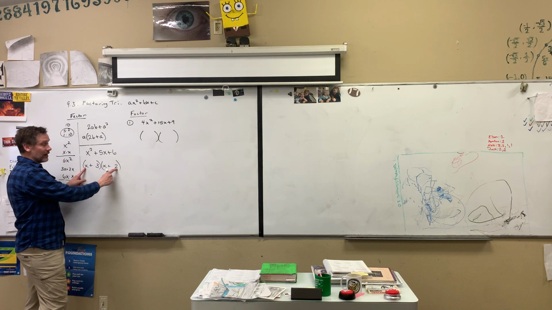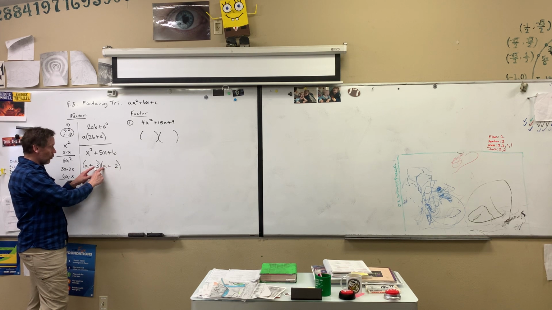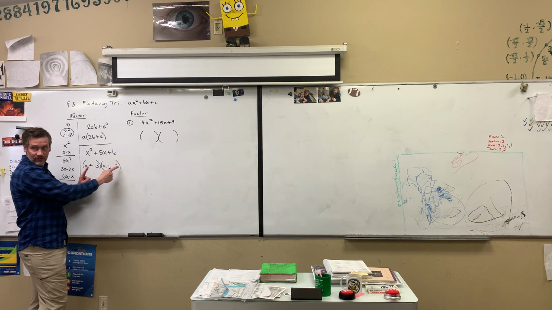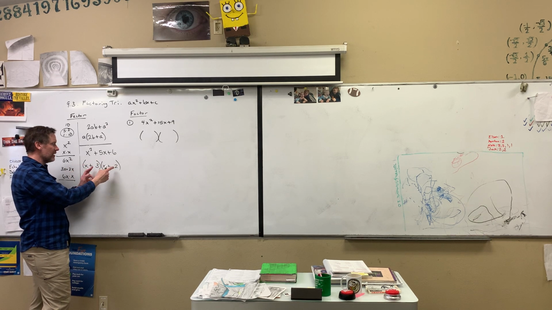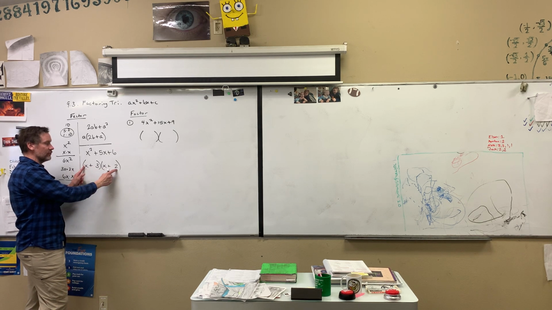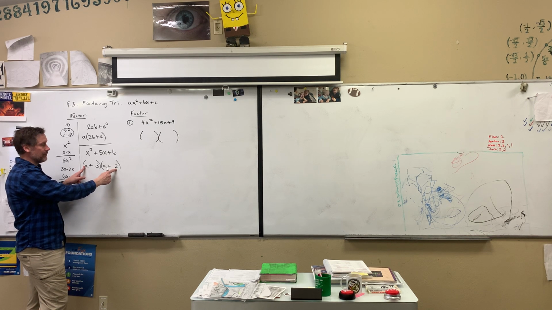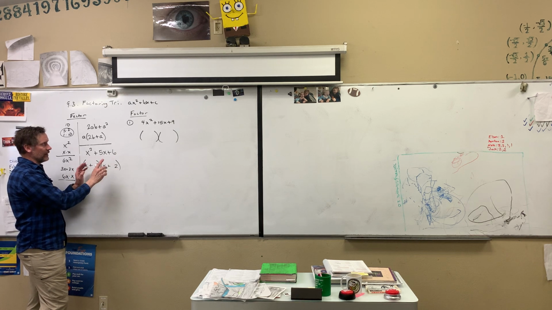Meaning 1 times 2 is 2, 1 times 3 is 3. The 2 and the 3 don't change. So you can work with them individually. I don't have to worry that 1x times 2 is going to change it to a 4 or an 8 or a 10. It's always 1 times 2 is 2, 1 times 3 is 3.